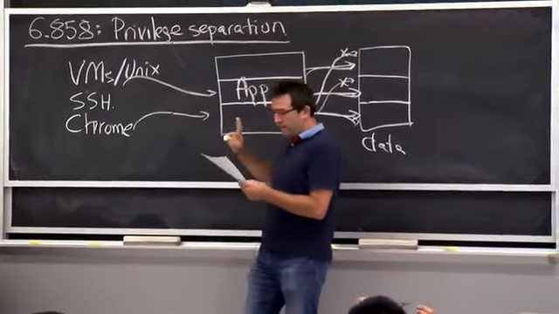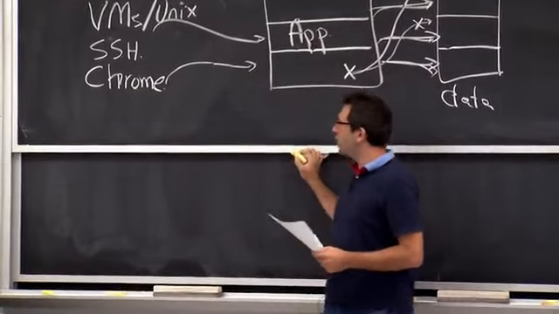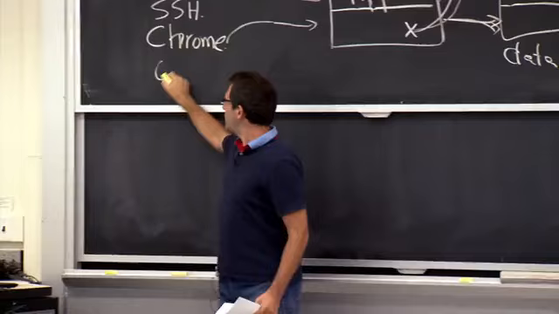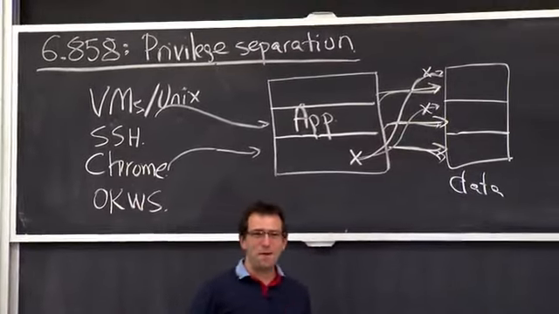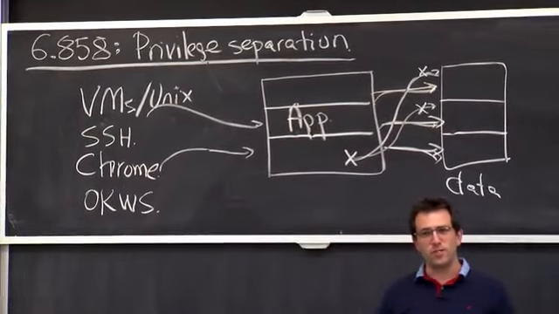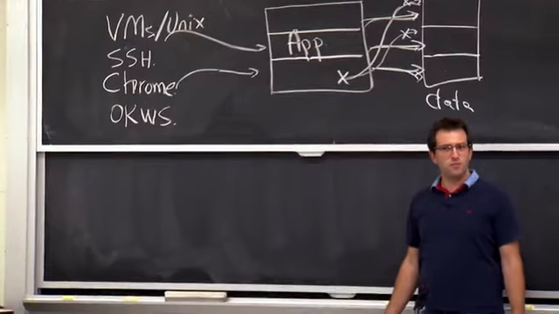All right, so this is just a very quick summary of what privilege separation is about and why maybe OKWS is an interesting case study. I guess we can add it to this list, but it's more of an illustrative example rather than an important piece of software in its own right. Make sense? Any questions before we dive in?